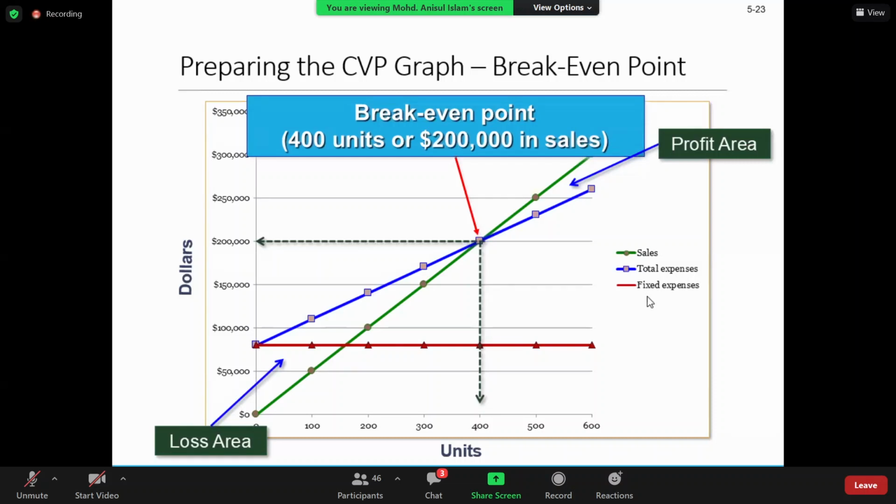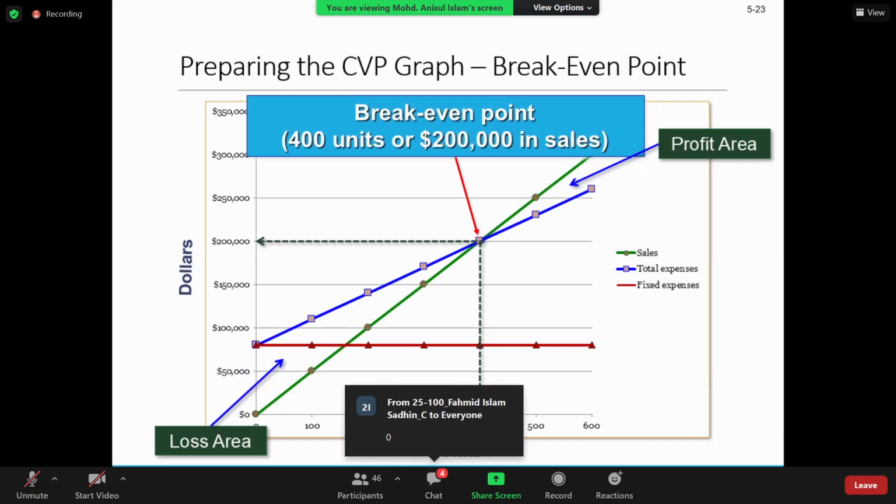Now, what is the profit level at 400 units of sales? Profit value is 0.